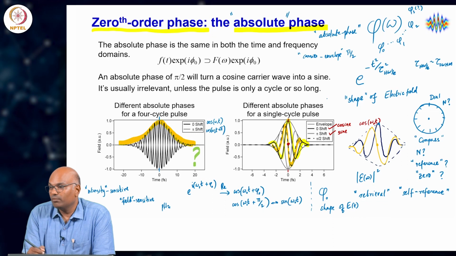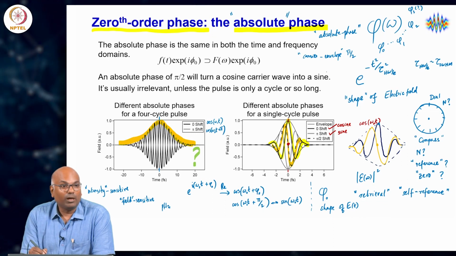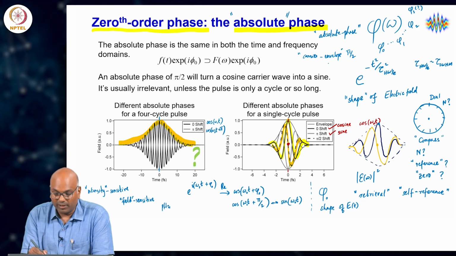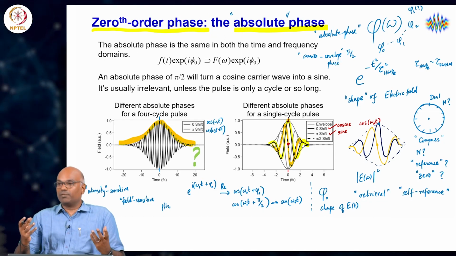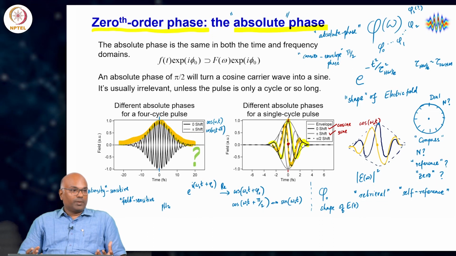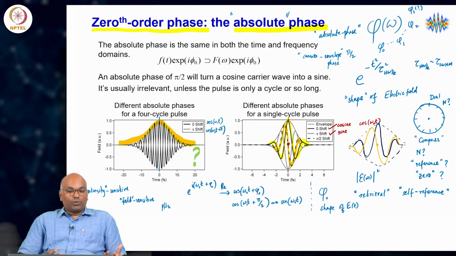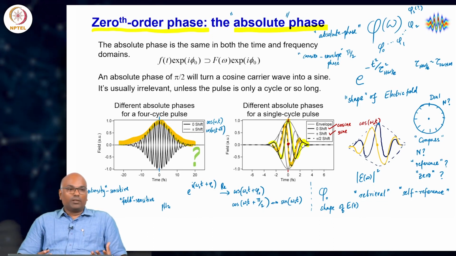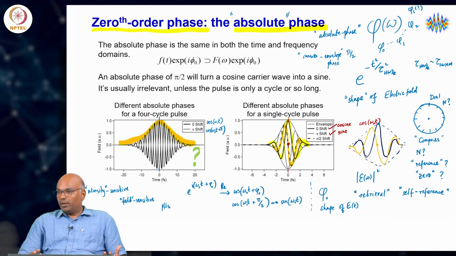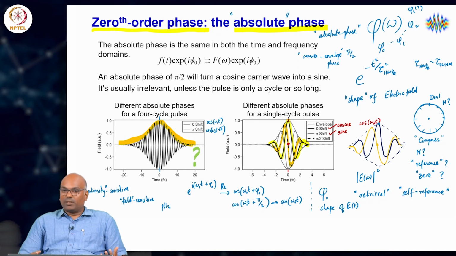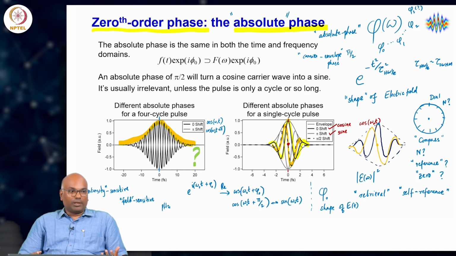So going by our current definition for the absolute phase, maybe we should call this the carrier envelope phase, the relative phase difference between the carrier and envelope. So we will soon start calling the absolute phase the carrier envelope phase in the context of these pulses. Agreed? It's a very representative and reasonable name for this, right?